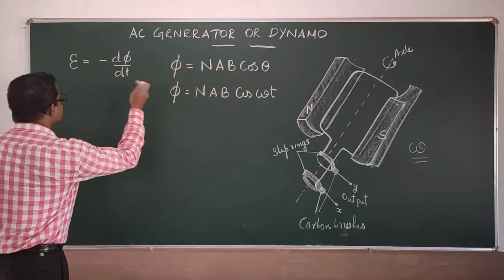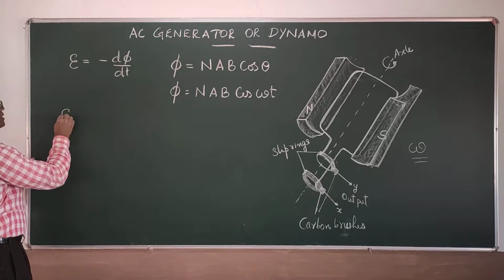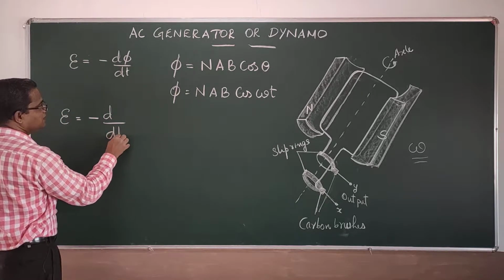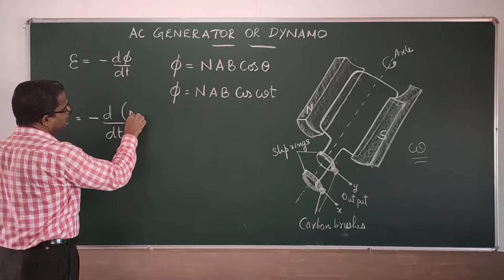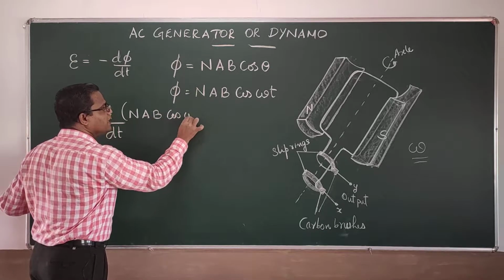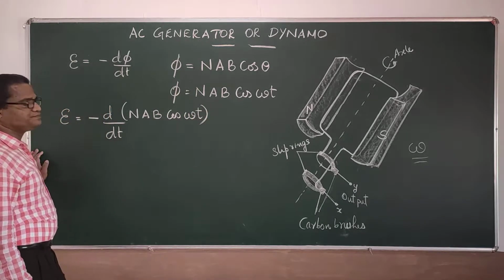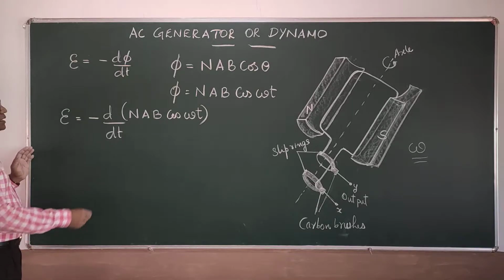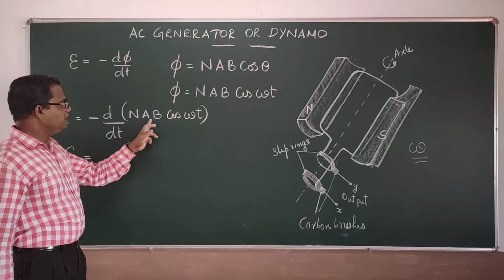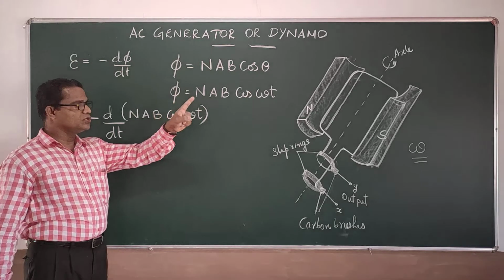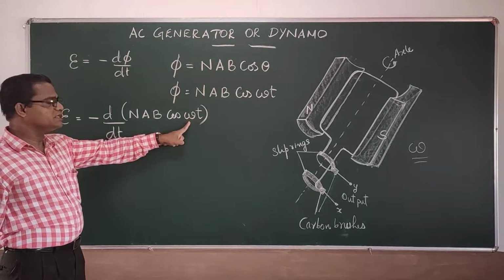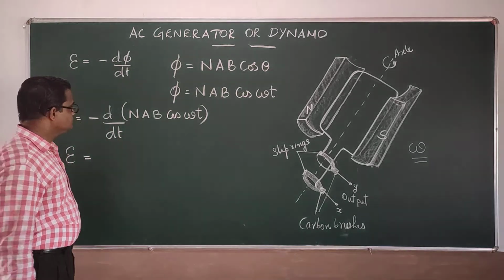Now if I bring this in, I get induced EMF is equal to minus d by dt of NAB cos omega t. Doing this differentiation, NAB are all constant, and omega is also constant as it is rotating.